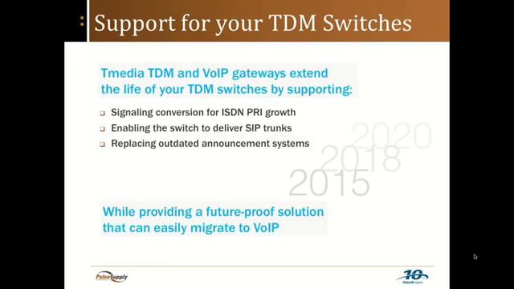You can use the gateway as well to enable your TDM switch for SIP trunks and voice over IP, such that you can provide new services to your customers or support specific applications that are required, like by a call center, for example. And you can use this new technology to replace outdated announcement systems to play the announcements on service trunks on your switches.